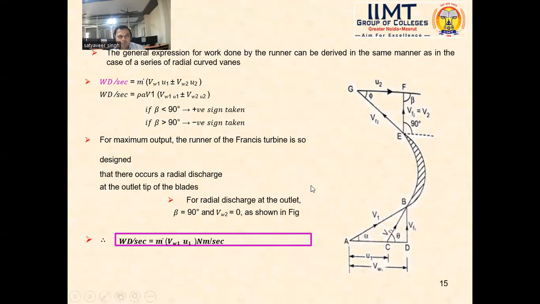This type of turbine is basically a reaction turbine, and it is different from the impulse turbine. The Pelton wheel is the impulse turbine, and for reaction turbines we can take the Kaplan turbine, the Francis turbine, and the propeller turbine.